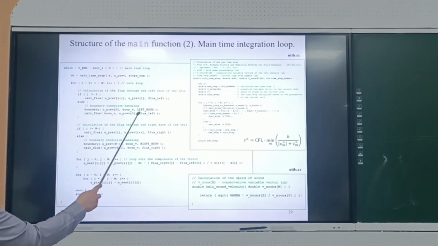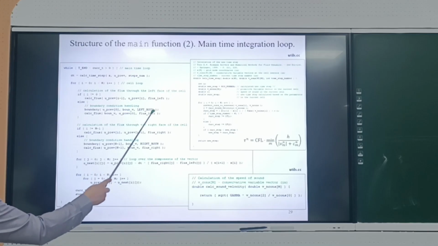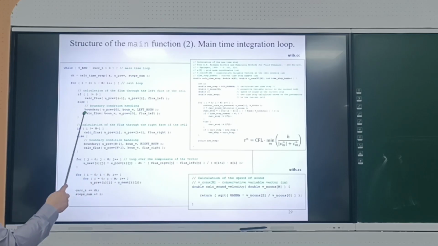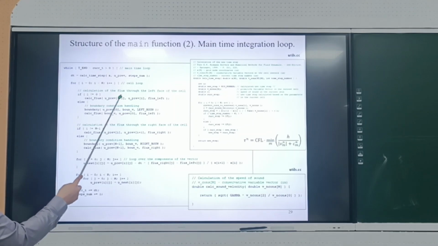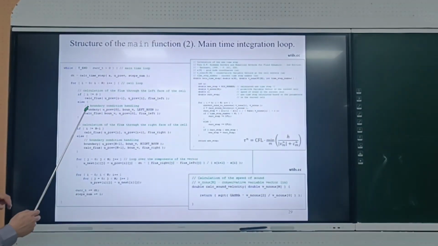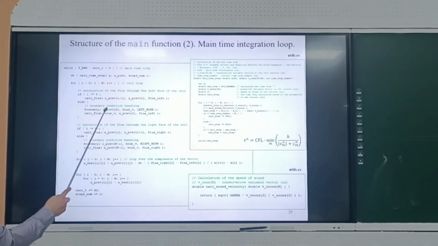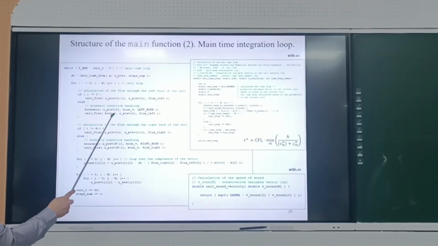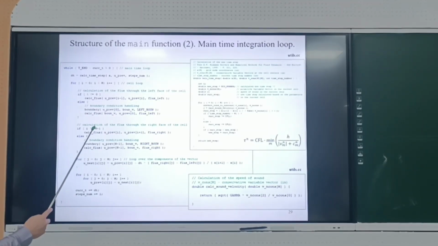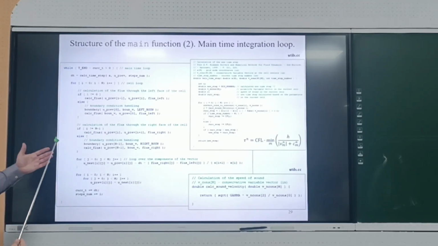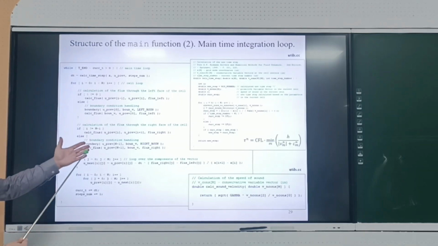We tell the type of boundary condition to the function boundary. After we get boundV, the parameters in the ghost cell, we call just the same calcFlux function as previously, but instead of parameters in the left cell, we use parameters in the boundary cell. So the logic is very simple and straightforward.